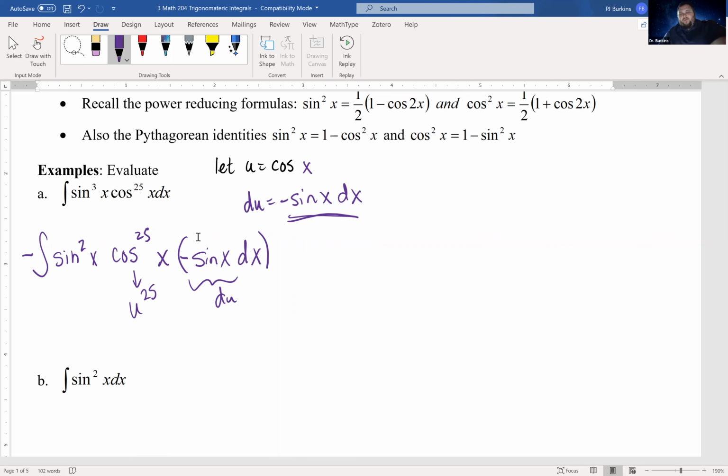So in this case, we're going to want to use the Pythagorean identity that states that sine squared is equal to 1 minus cosine squared. So if I replace it, my problem now looks like this. Everybody good with that?